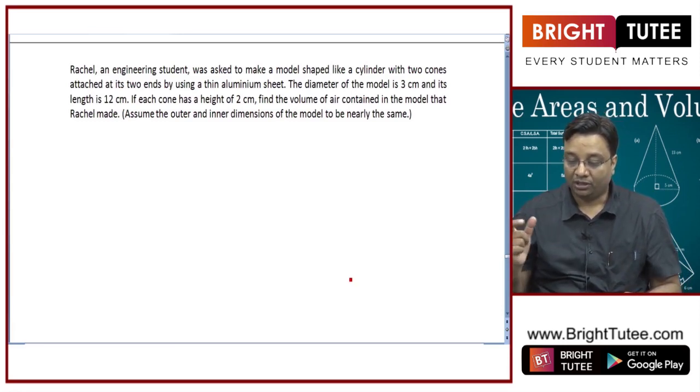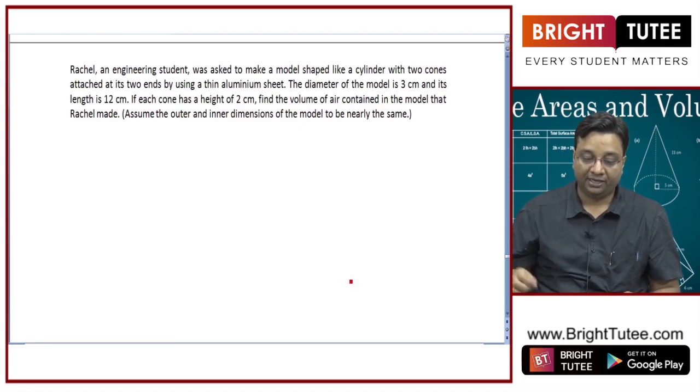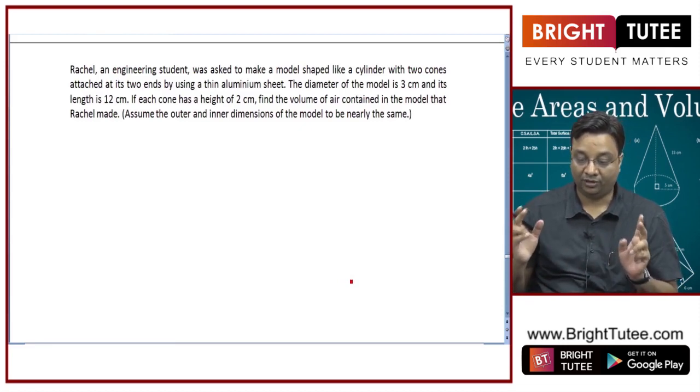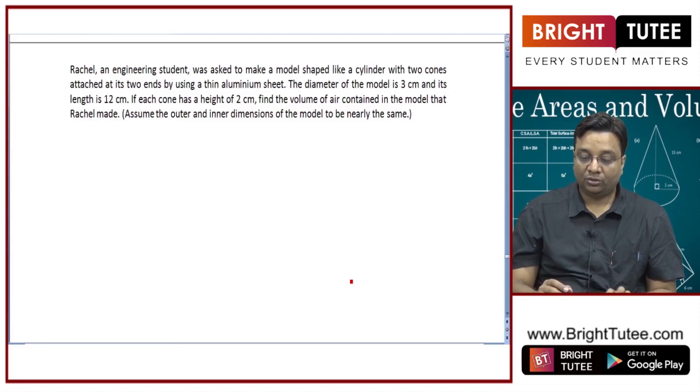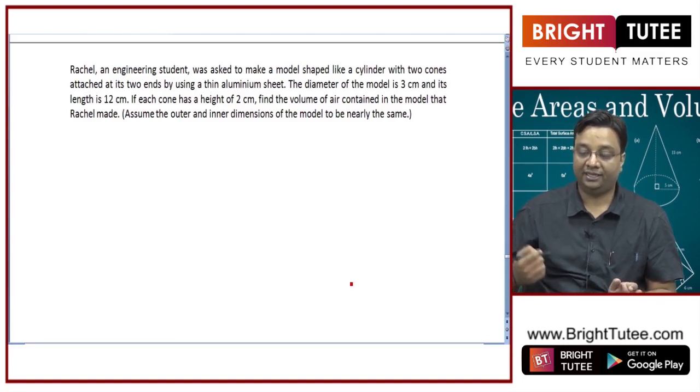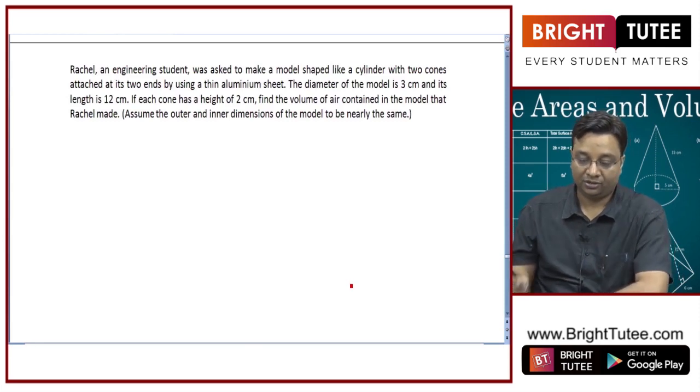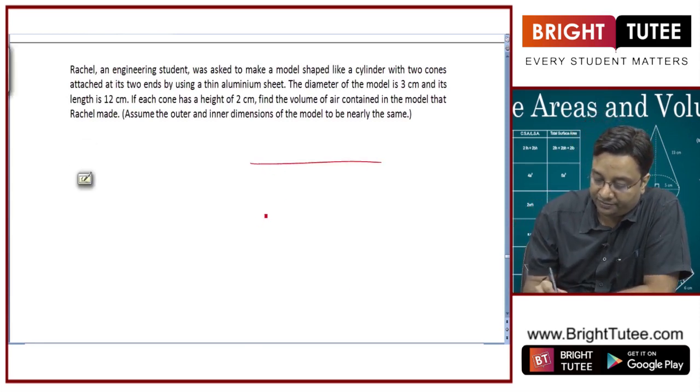The diameter of the model is 3 centimeter and its length is 12 centimeter. If the cone has a height of 2 centimeter, find the volume of air contained in the model that Rachel made. So what does the model look like?